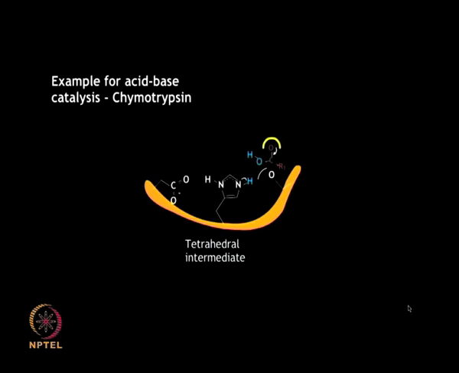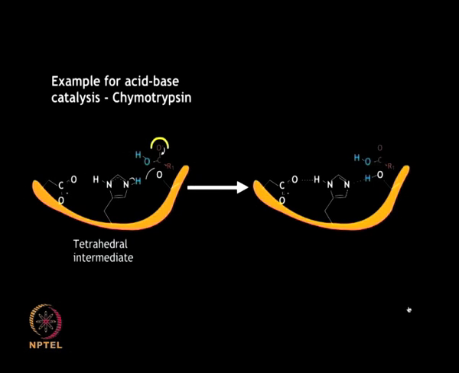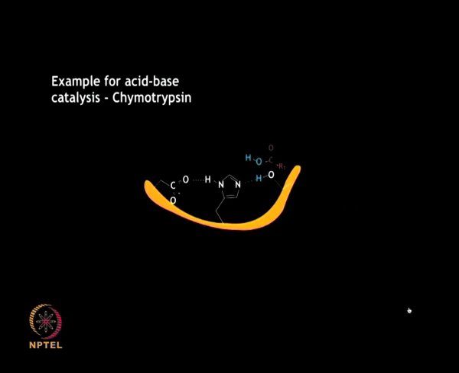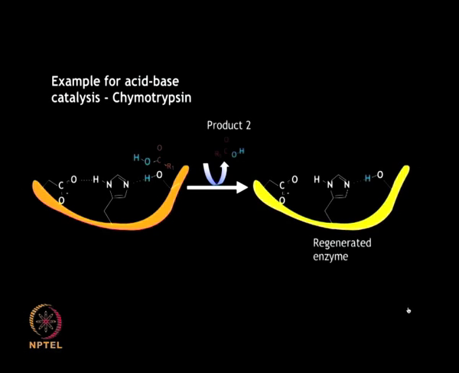The tetrahedral intermediate then breaks down to liberate the second product in the form of a carboxylic acid, along with regeneration of the enzyme, which is then ready for another round of catalysis. Internal proton transfers between amino acid side chains therefore play a vital role in acid-base catalysis by enzymes.